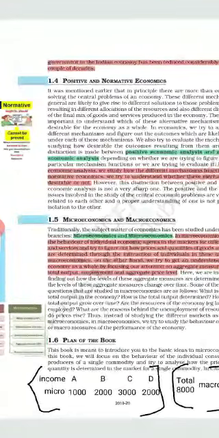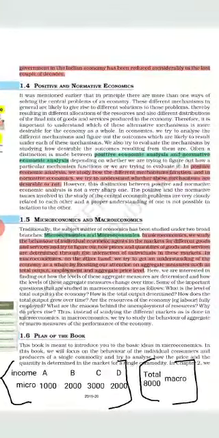Look at this example. Here, the income of 4 people of the country has been given. Let's take them as A, B, C and D. Let's say the income of A is 1000, B is 2000, C is 3000 and D is 2000.